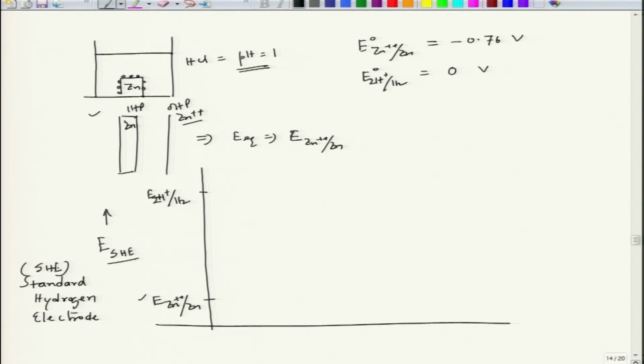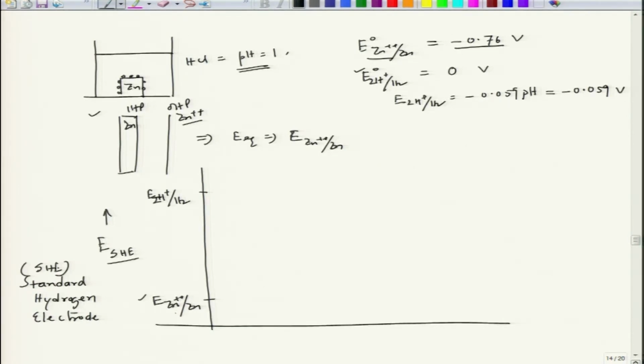But since it is not a standard condition, we have some pH 1. So, in this case the potential will not be same as this, or potential would be minus 0.059 pH, which is 0.059 volt. And in this case we are not maintaining zinc ion concentration to be 1, rather it is much lower than that. So, this potential value will further go down.